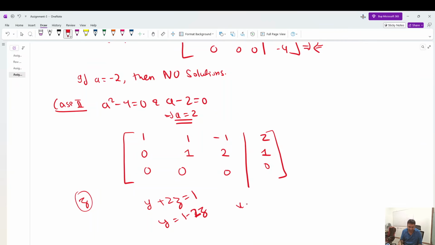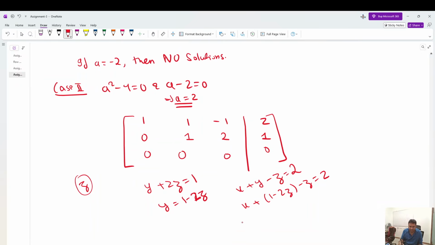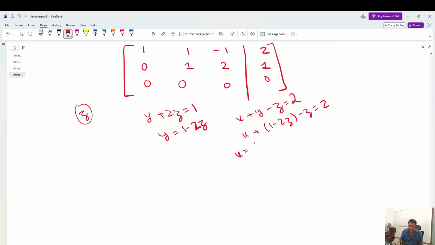And what we will get from the first equation, x plus y minus z equal to 2, right? So what it means, y you already know what it is. Y is 1 minus 2z, minus z equal to 2. So what you have, guys, x equal to, you take everything that side, 1 plus 3z.